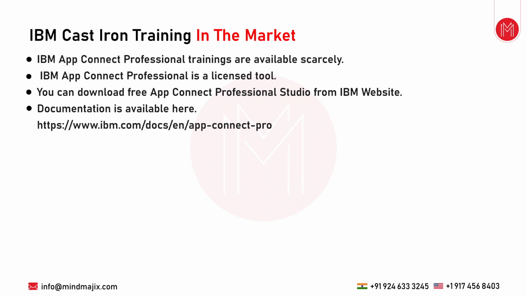I have the OVA file. I will share it in the coming sessions, and you can download the Studio freely. If you want, I can also share the studio, and you can see the documentation about App Connect in the mentioned link.